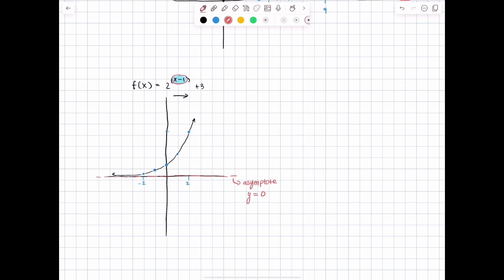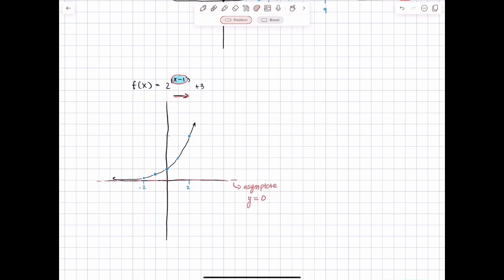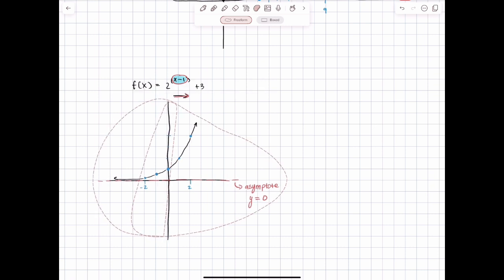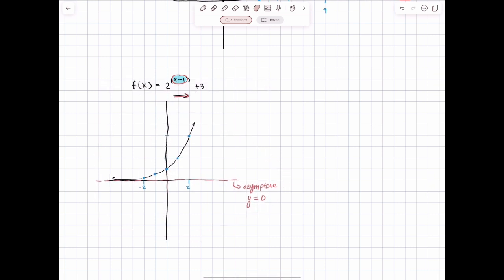So let's use a different color. We're going to move this graph 1 to the right. So this point moves 1, and perfect.